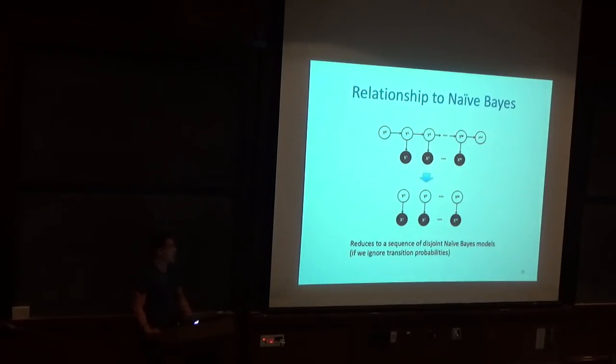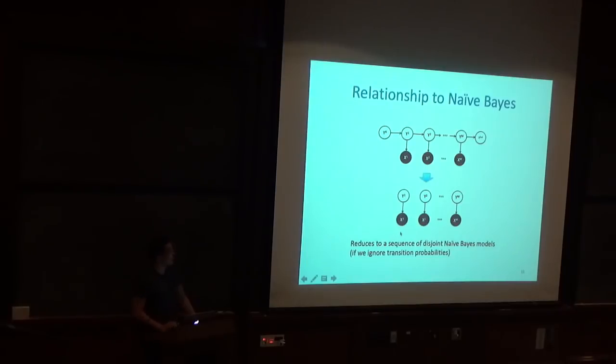So we saw naive Bayes in the previous lecture. And one might ask, what is the relationship between a hidden Markov model and a naive Bayes model? There are a few different ways to express this relationship. Here's one way. If you simply remove the dependencies between the neighboring y's, we get back a version of naive Bayes. Of course, in naive Bayes, at least the way we wrote it in the previous lecture, each y generated multiple different x's, and here each y only generates a single x.